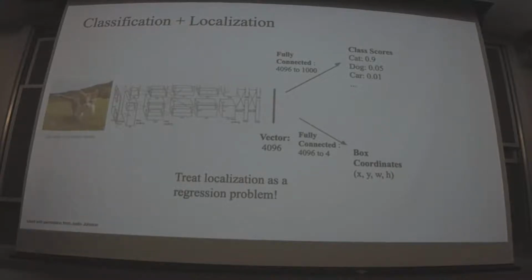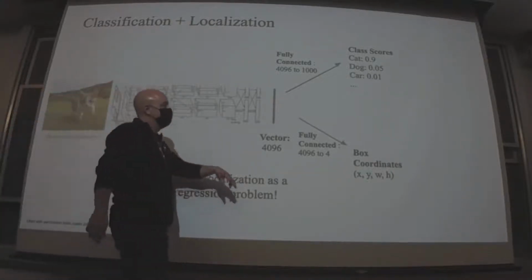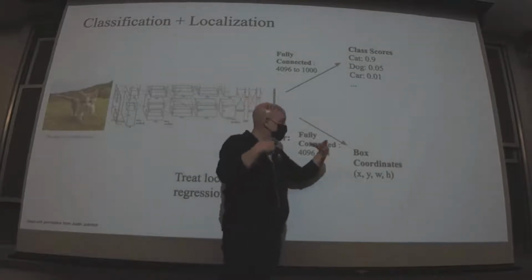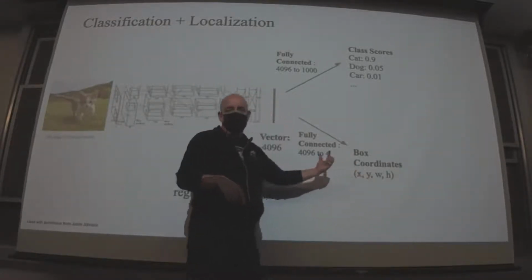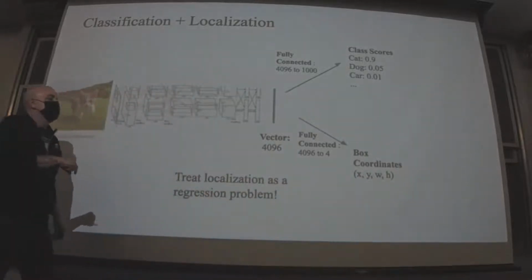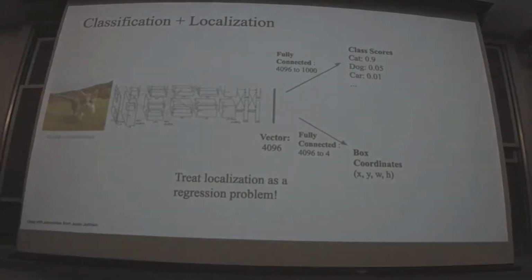To draw a bounding box in 2D, you need to know the coordinate of one of the corners, typically the top left corner, and then the width and the height of that box in pixels. So there are basically 4 parameters that need to be learned.